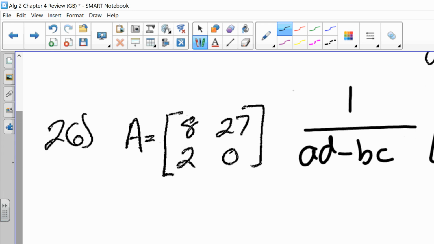Now this one will definitely have an inverse, because the only way for it to not have an inverse is if the determinant is 0. So most likely AD minus BC, well really AD would have to equal BC.